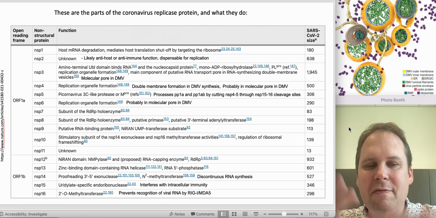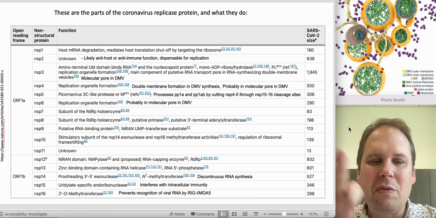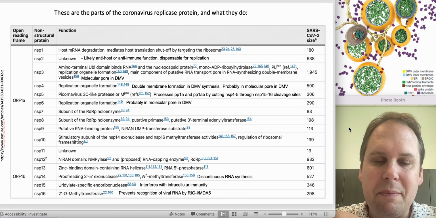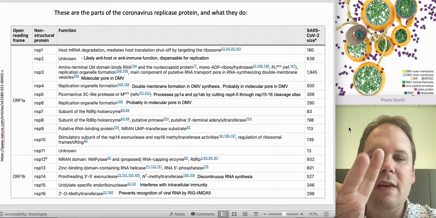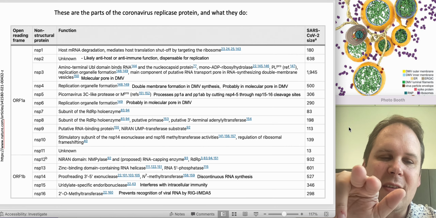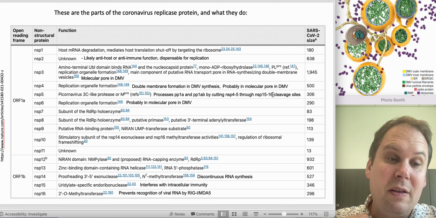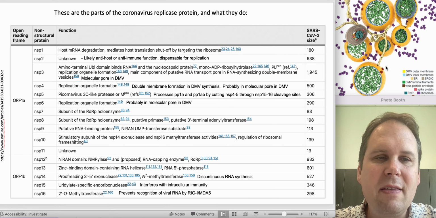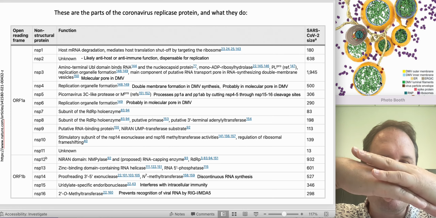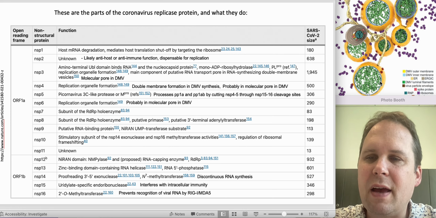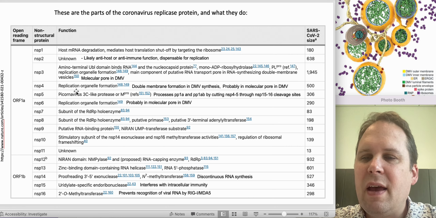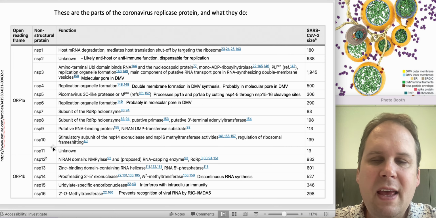So think of it as like first we clear the way, that's like 1, 2, 3, and then 3 again, because it's a giant protein with lots of functions. 3, 4, and really just 3, 4, and 6, but 5 participates by cutting between those. That's going to make the pores and also staple the two membranes together to make the double membrane vesicle. NSP4 does that.